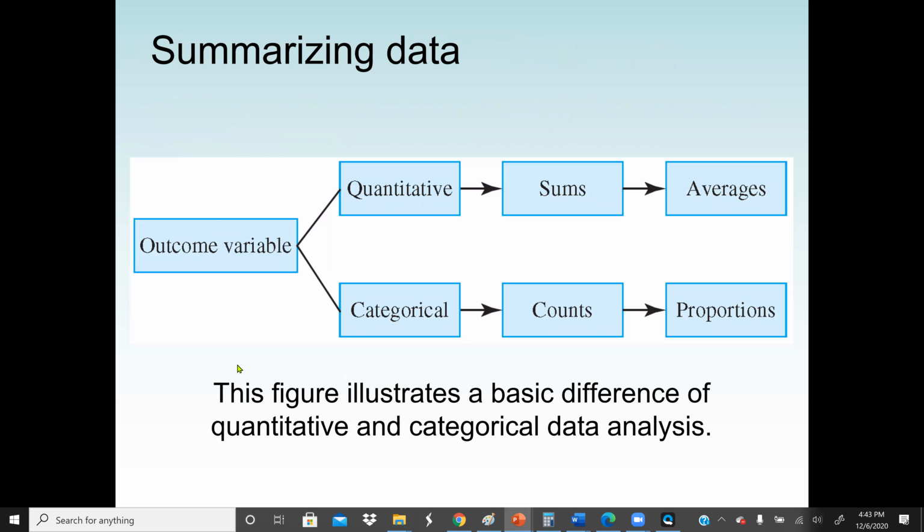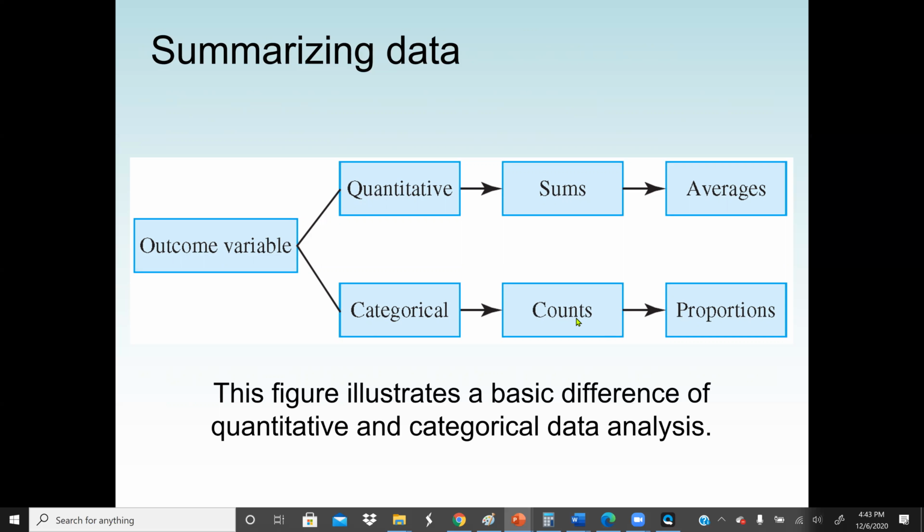So to summarize, we always have an outcome variable. When we have an outcome variable, we have to check: is the variable quantitative? Then we do a parametric test. If it's categorical, we do a non-parametric test. As we said, in a non-parametric test, the main response we can find is the count, or the mode.